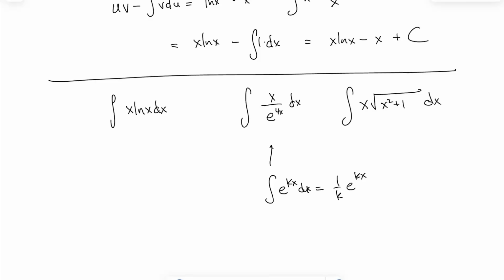You want to choose the u to get simpler. So back to u plus x, what you do is just choices.